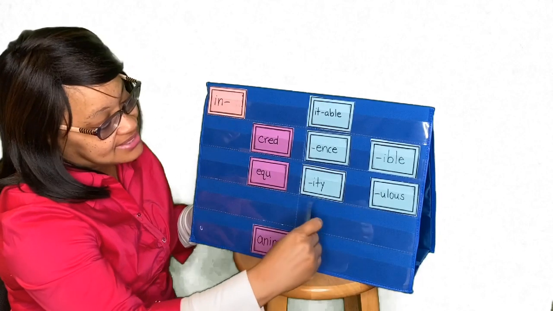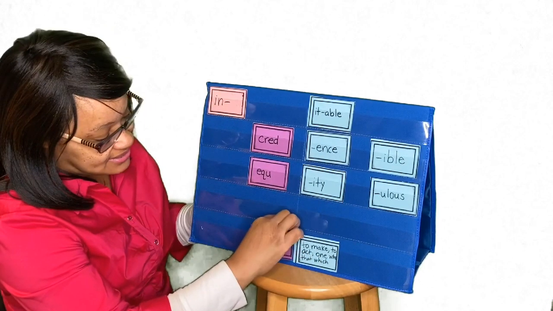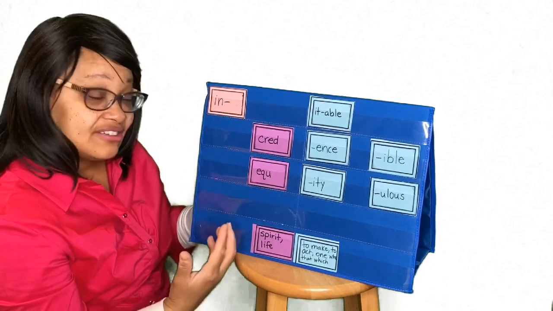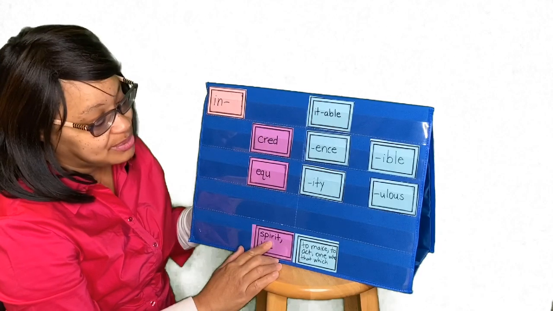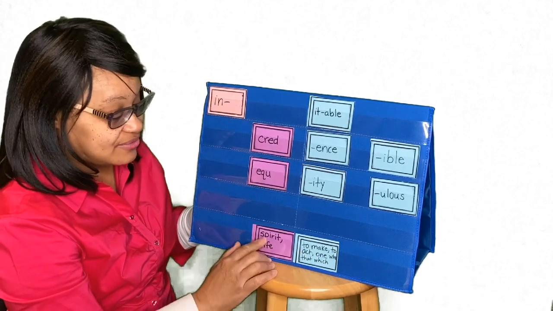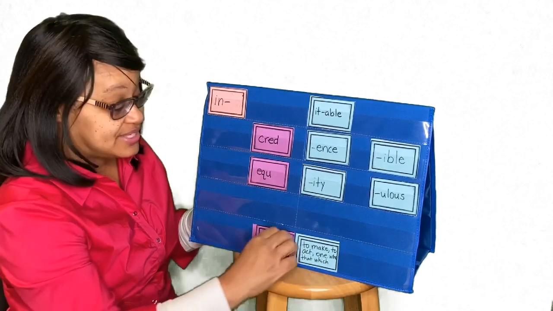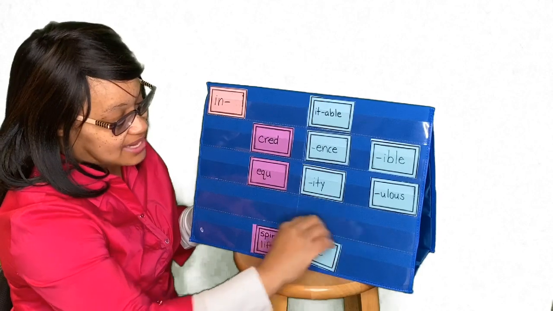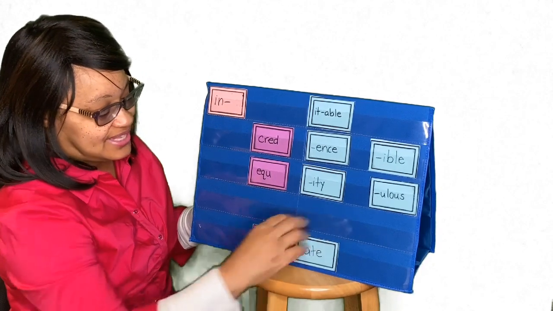And animate is to make or to act with life or spirit. To make it have a spirit, to act with life or with spirit, one who or that which has spirit. So when you animate, you give life.